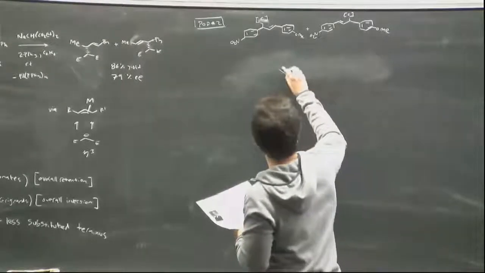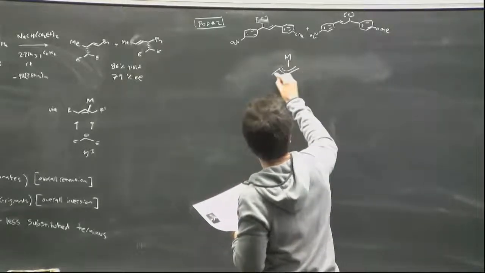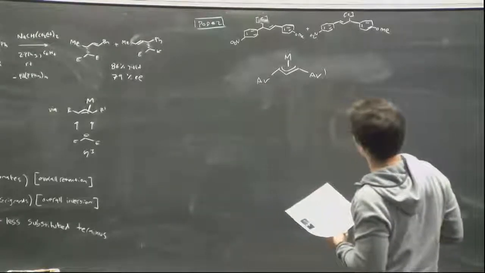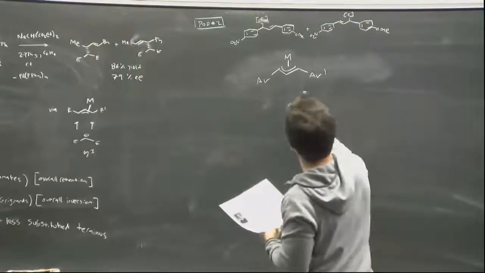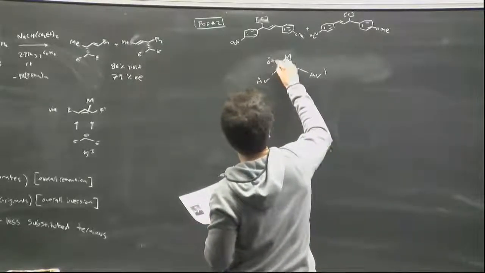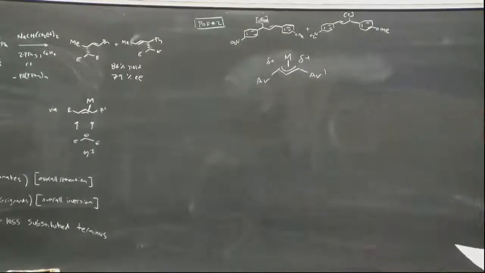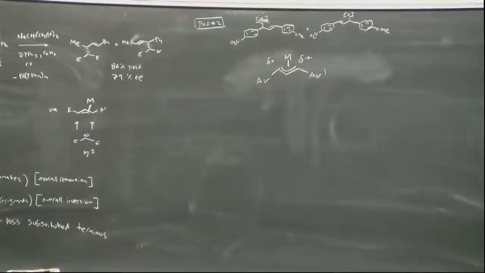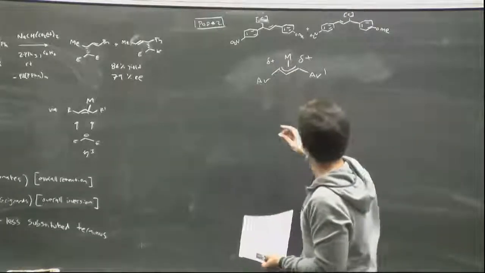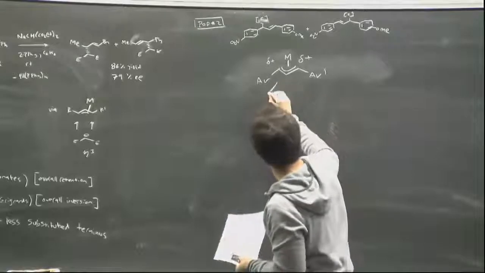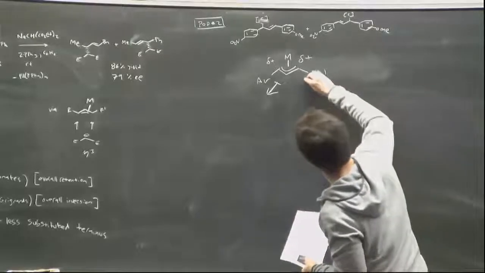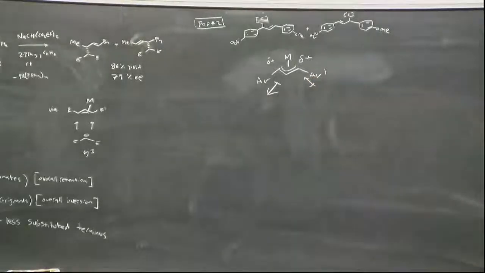Let's just draw out the actual intermediate. So this really will end up coming down to which of these two sites is going to have partial positive charge. If you think about it, it would stand to reason that the more strongly electron withdrawing group is going to have a stronger dipole and lead to more partial positive charge buildup on this position than the more electron donating group.